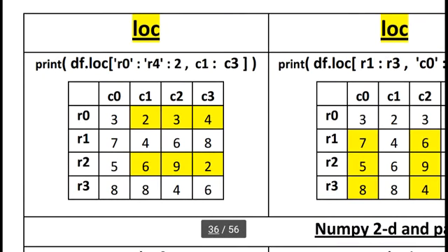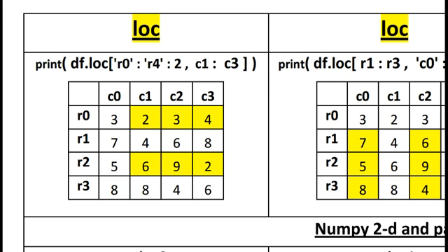So you can see, with the help of loc, df.loc r0 colon r4 means all the rows: 3 2 3 4, 7 4 6 8, 5 6 9 2, 8 8 4 6. But here I am using colon 2. Colon 2 means skip one row.